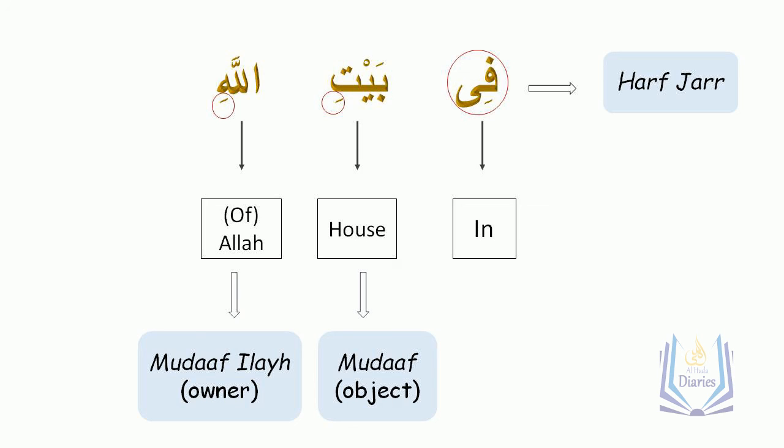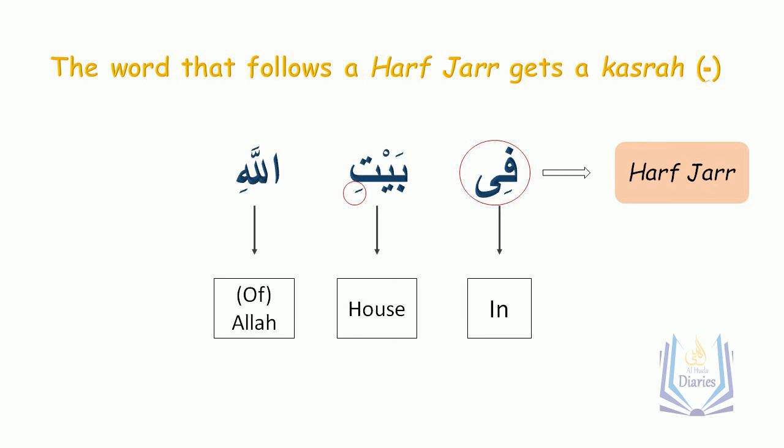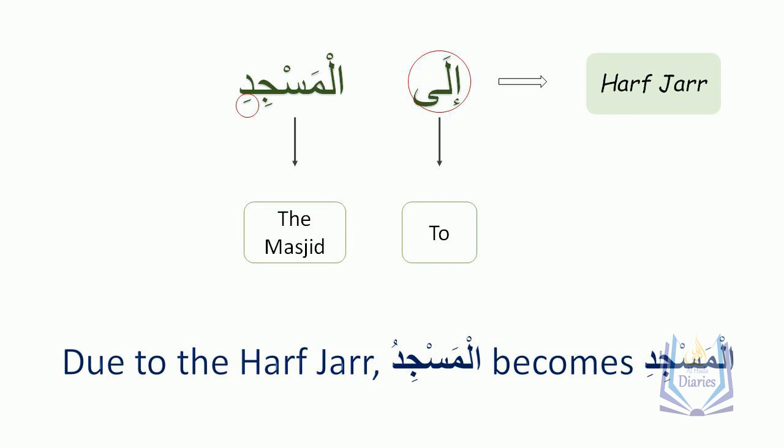And as I mentioned before, jar could be because of two relationships. One is the mudaf mudaf ilay, the object owner relationship, and the other is because of harf jar. Harf jar are prepositions. For an example, fi, min, ila, ala, an, bi, li, and so on. So whenever harf jar is present, the word that follows it gets a kasra. For an example, fi baytillahi, ilal masjidi.